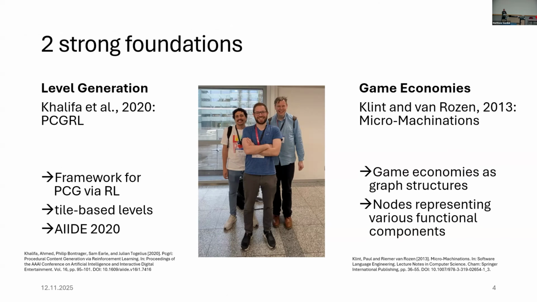Game economies introduce a concept of how resources in a game are transitioned to other resources, for example, health points, dealing damage, but also the player's time is really important to balance. So how long should it take to craft the mighty sword in a game? This also has to be balanced. And Klint et al. introduce a mechanism to formulate game economies as graph structures where different functional components have different meanings within that economy graph.